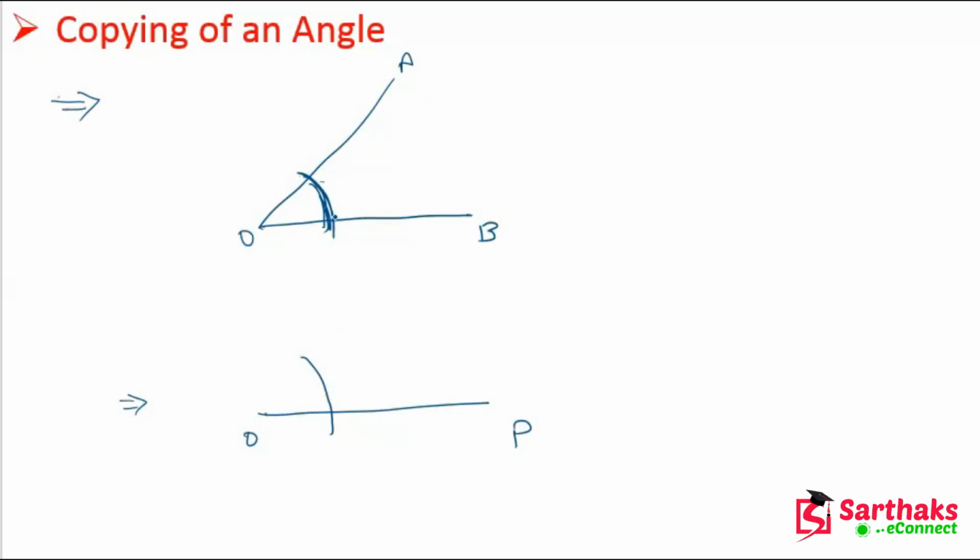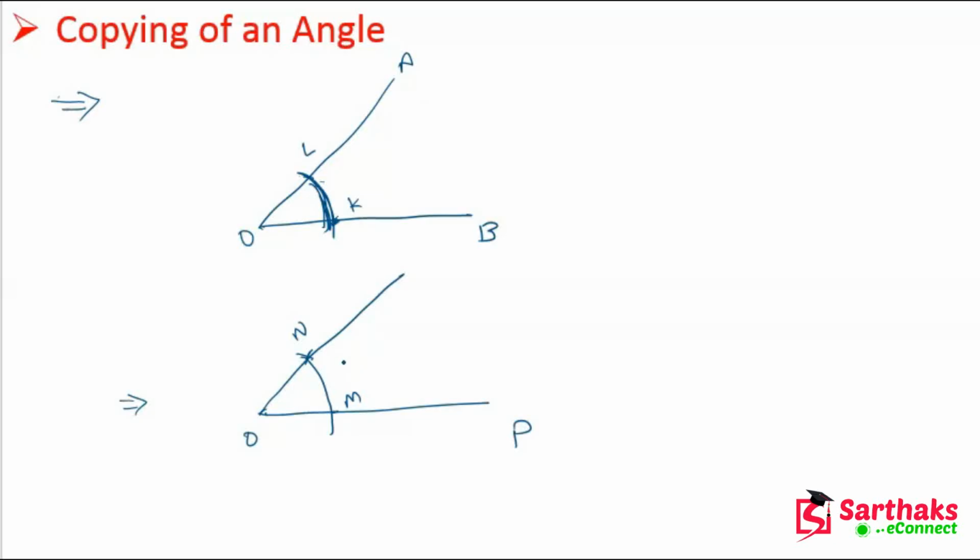Now, let's suppose this is K and this is L. From point K we measure this radius, and with the same radius from this point, let's suppose this is M, from point M we cut an arc which meets at point N. So this is the intersecting point, and from point O we can draw this line through N. Okay, so this is what? This is the copy of an angle.